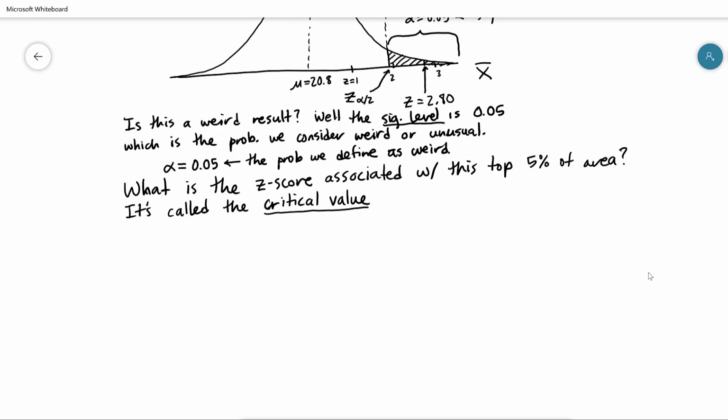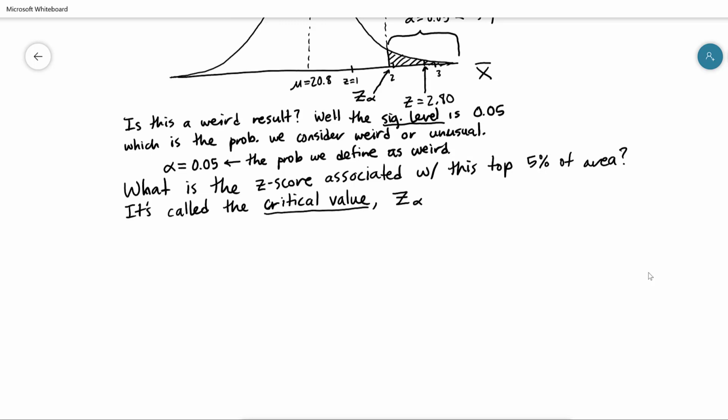In this case, I should erase this. Let me come back up here and edit this a little bit. I cheated a little bit. So let me erase this. That's not actually going to be quite what this winds up looking like. I'm actually going to call this, instead of z sub alpha over 2, z sub alpha. Okay, it's called the critical value. And the notation we're going to use for it in this case is z sub alpha.